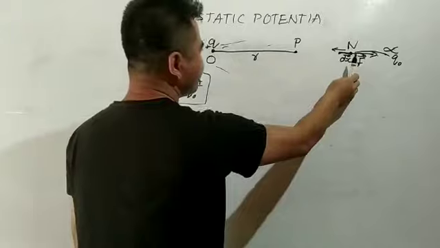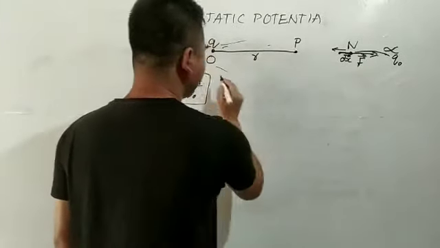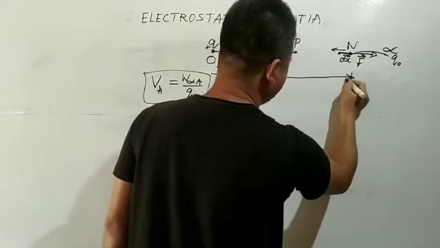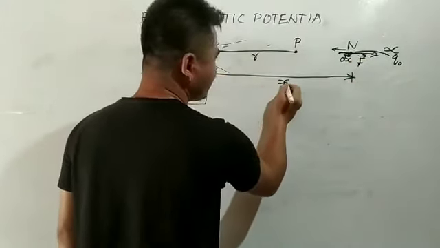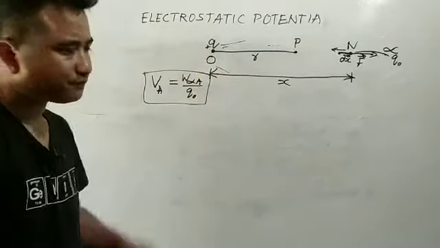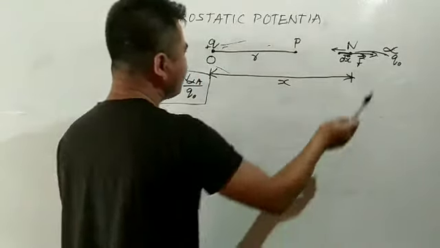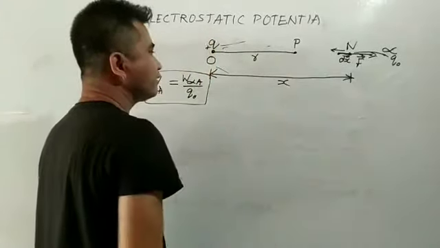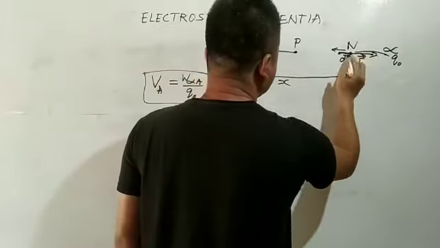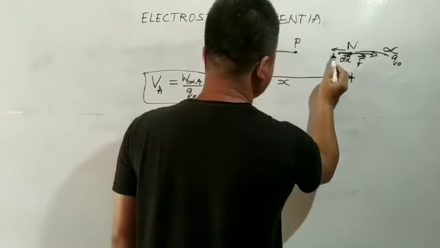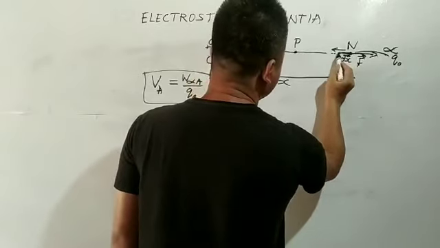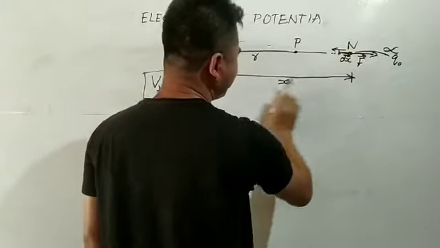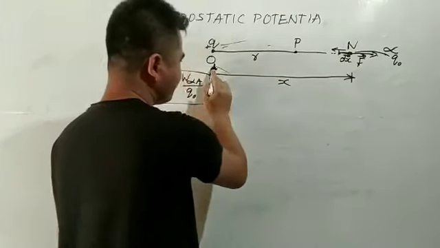Let's say this point N is at a distance of x from this point O. Our aim is to bring this charge to this point. Now let's consider a small displacement dx. dx means this small displacement, which is very small, at a distance of x from this charge.